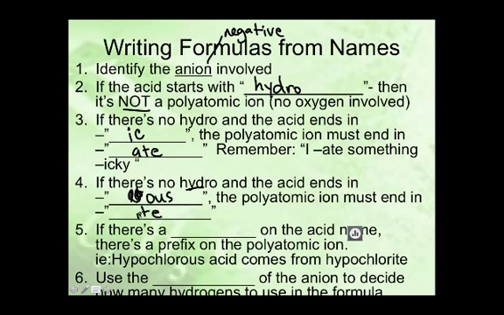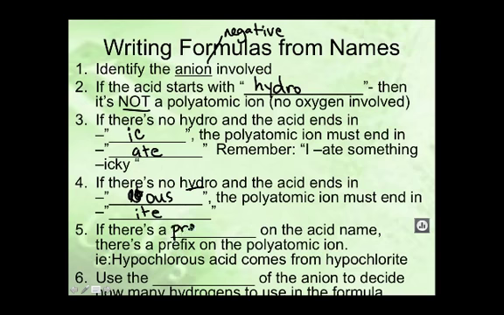If there is a prefix on the acid name, then there's a prefix on the polyatomic ion, like our perchlorate that we just did, that had the prefix per. Here's another one: hypochlorous comes from hypochlorite. Notice the ending and the prefix; they match up.